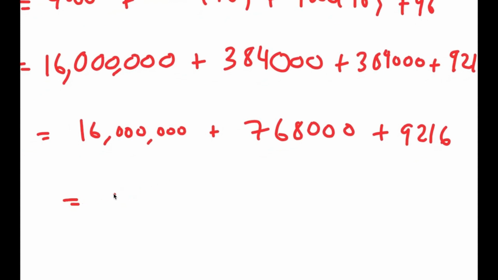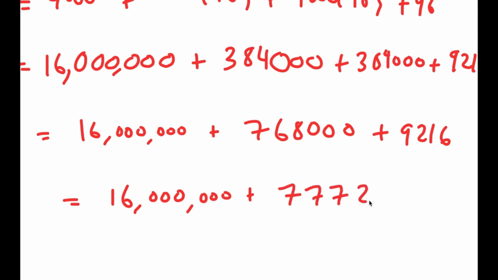And now this is equal to 16 million plus 768,000 plus 9,216, which is 777,216.